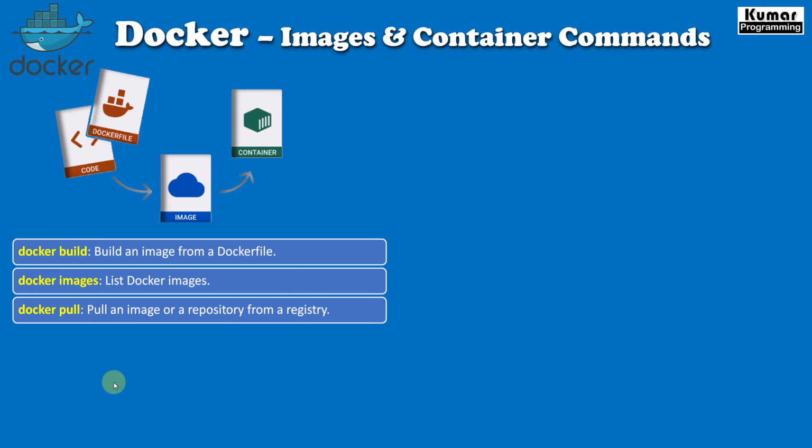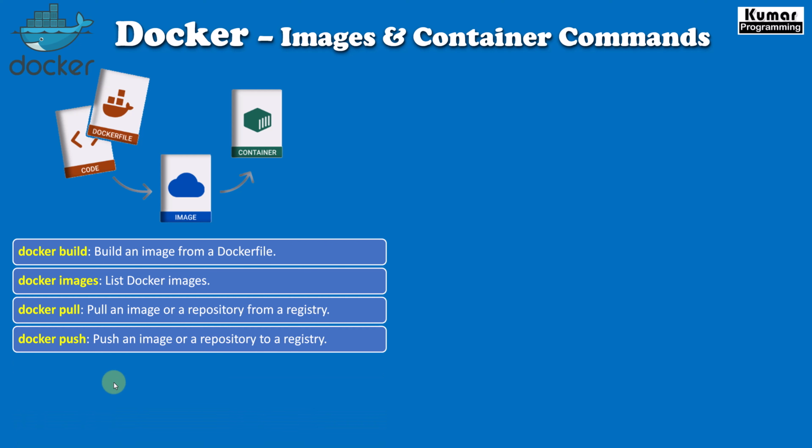The very next command is docker push. Docker push we mainly use when we are required to push our image to Docker Hub, right? Previously we pulled an image from Docker Hub. Now we want to push an image to Docker Hub. Once we need to push an image to Docker Hub, we need to log in to Docker Hub.